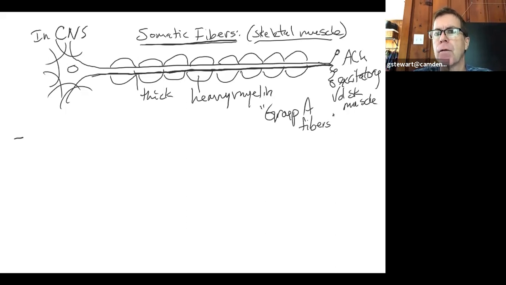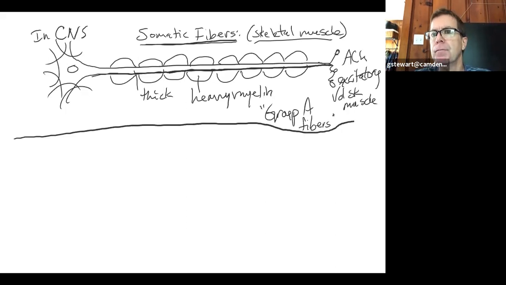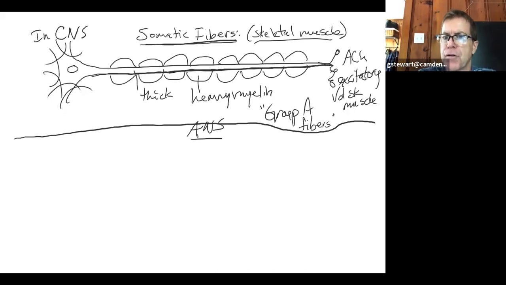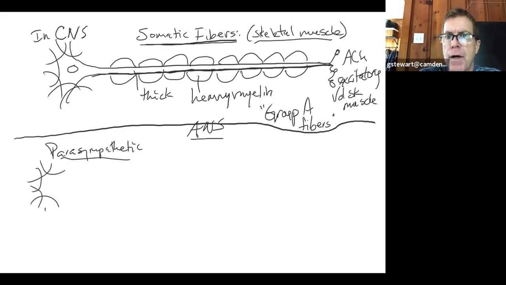So I'm going to draw a big line across here and write ANS, and first parasympathetic. This will help you if you can picture this in your brain when you hear all of these words. Still, a multipolar neuron originates in the central nervous system. It's thinner, but relatively long, not as long as these up here.